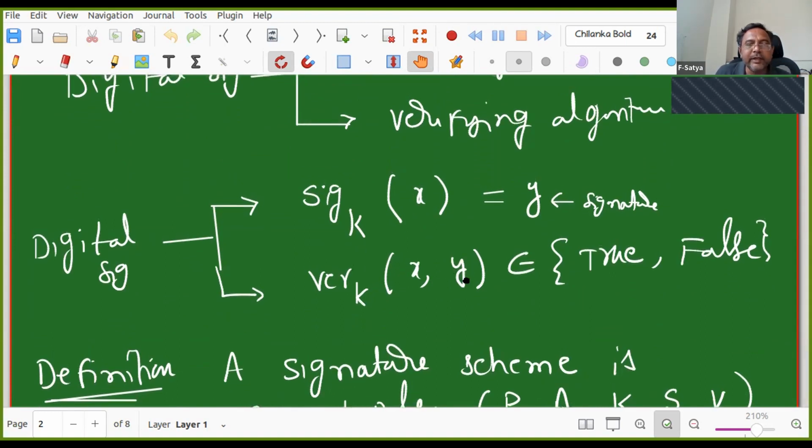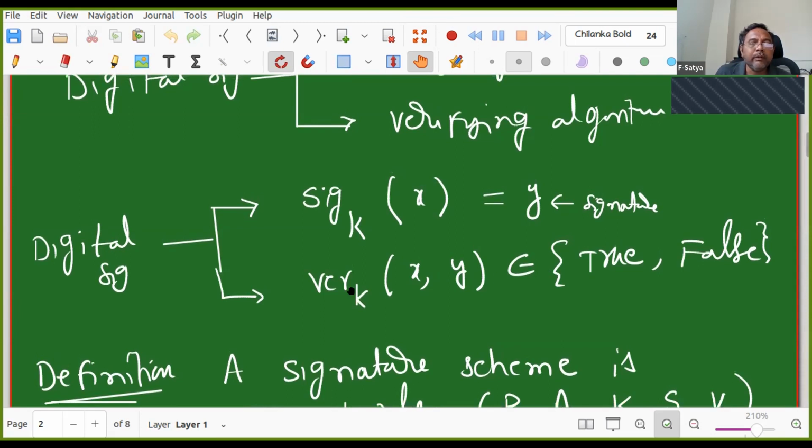Message is there, and signature is there. Now the verification algorithm is binary. It uses another key. Please see that this K and that K are not the same, even though I wrote K. These keys belong to some key space. The output is only true or false.